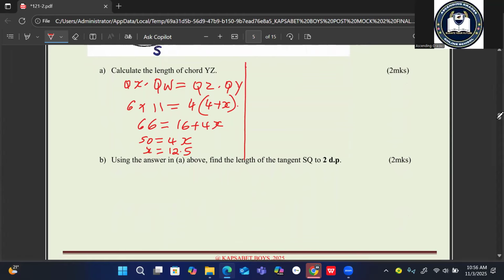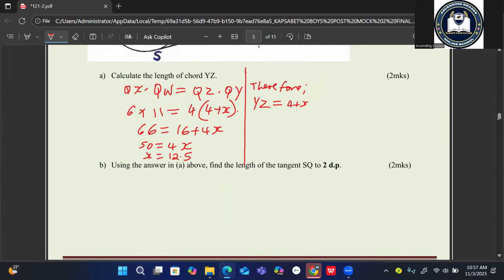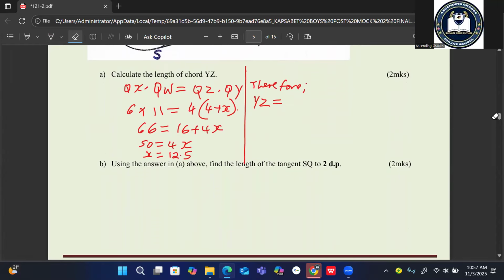Therefore, our YZ is equal to 12.5 centimeters.